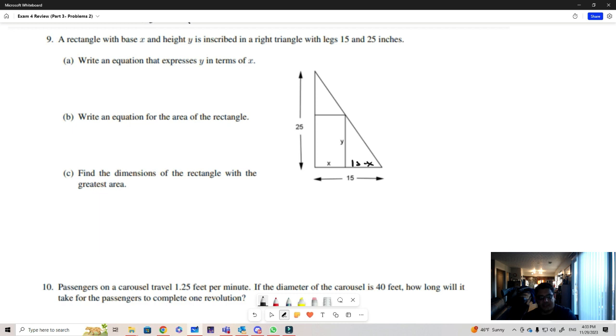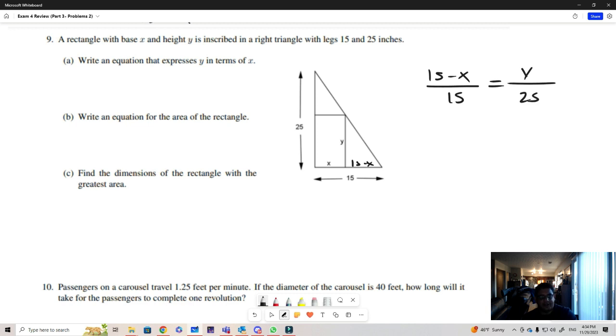So I can relate 15 minus x is to 15, so this small side is to this, as y is to 25.